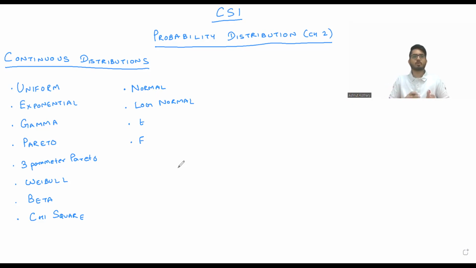Again, keep in mind there are a lot more standard continuous distributions, but these are the major ones which are there in our actual curriculum. Leaving, let's say, Weibull distribution, 3-parameter Pareto, and Pareto distribution, and beta distribution, all the other ones are extensively used in CS1. Specifically, exponential, gamma, normal, log normal, t, f, chi-square.